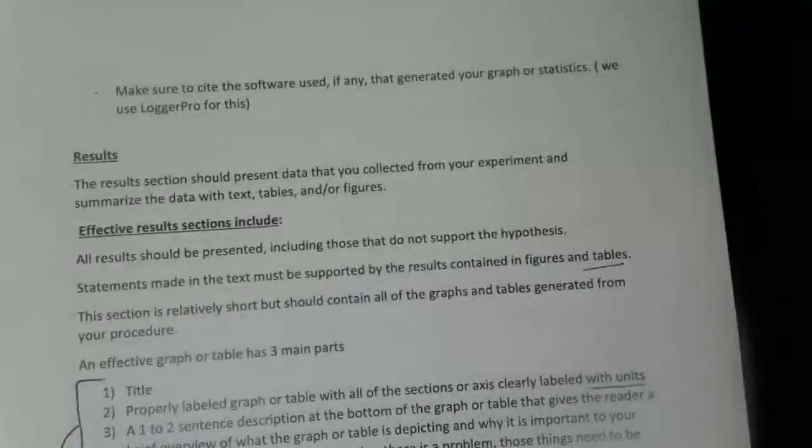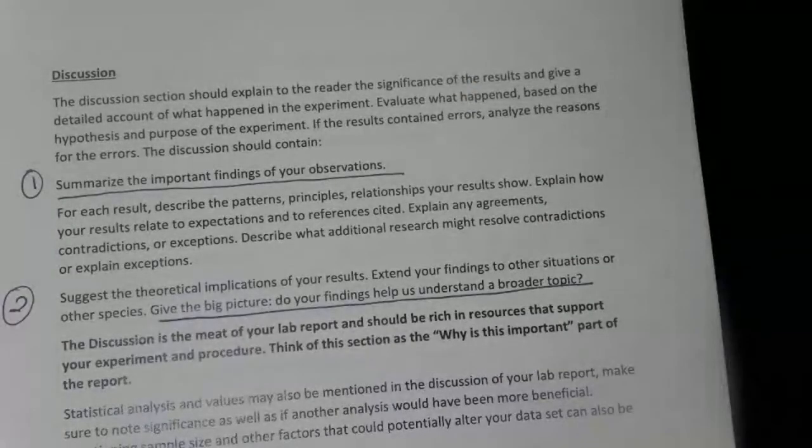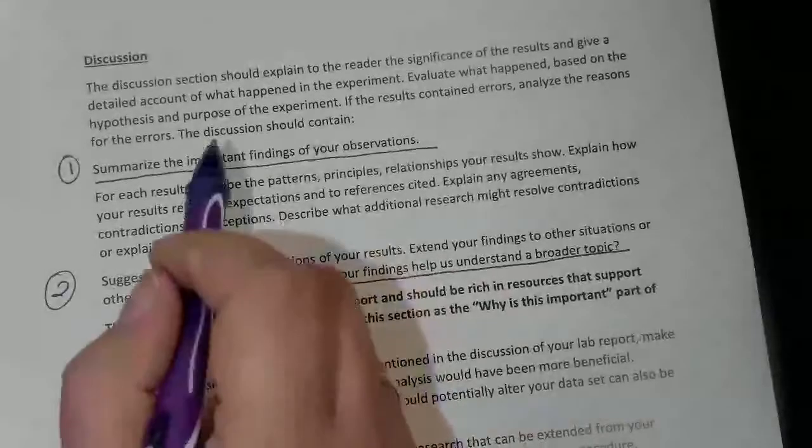If you look at how tables are formatted when you're looking at your resources, it'll give you an image of what we're looking for. We know that it will not be as fancy or as detailed as the ones in the research papers that you're looking at, but it gives you a sense of the formatting direction. So after your results, you discuss the results in the discussion section.